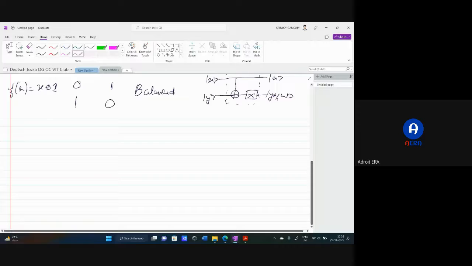So, steps of the Deutsch algorithm. What are the steps?